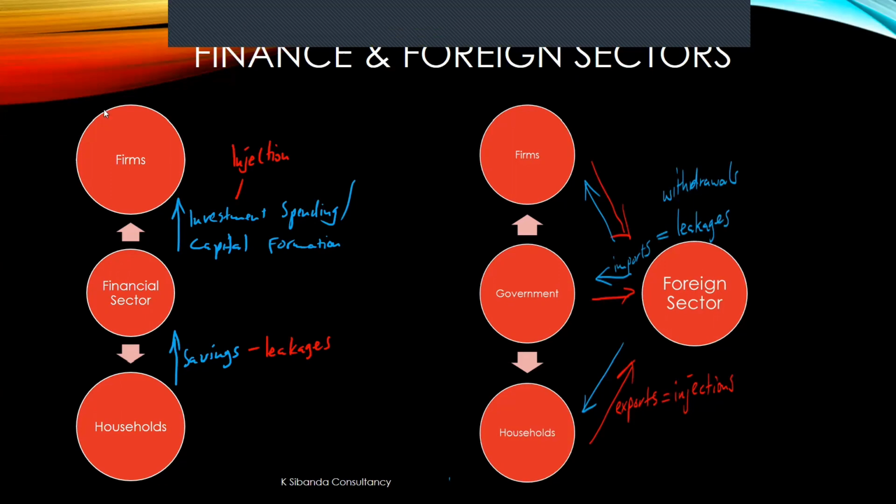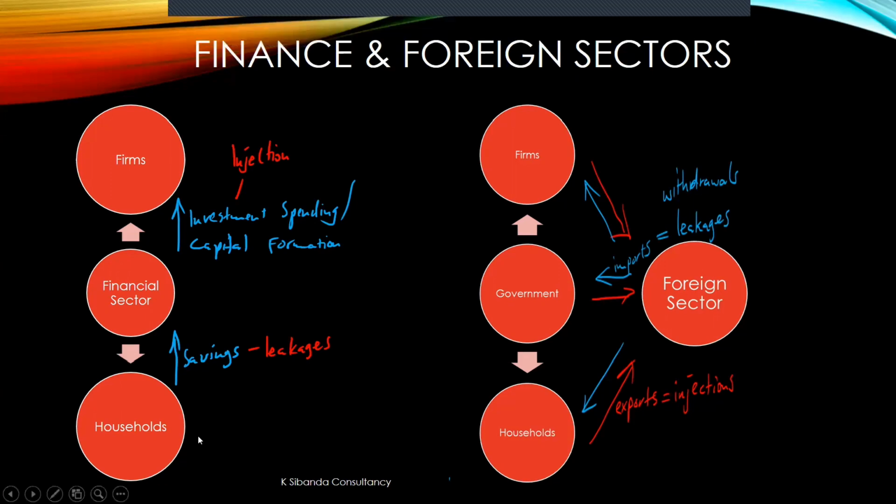If we look at the finance sector, households sometimes decide not to spend 100% of their income. I earn 1,000 Rand. I decide that this month I'm not going to spend my 1,000, I'm going to spend just 500, which means the other 500 is not being injected. It's not going back into the circular flow of income.